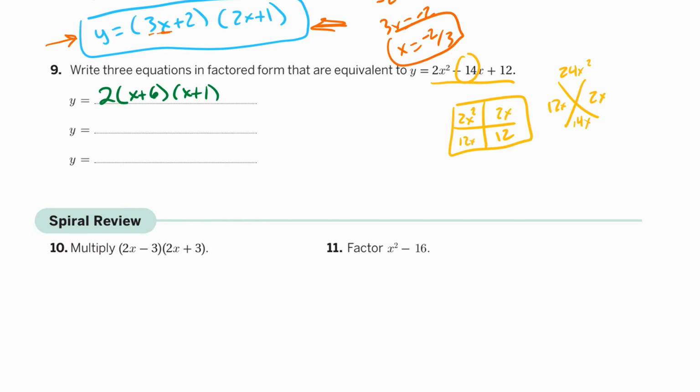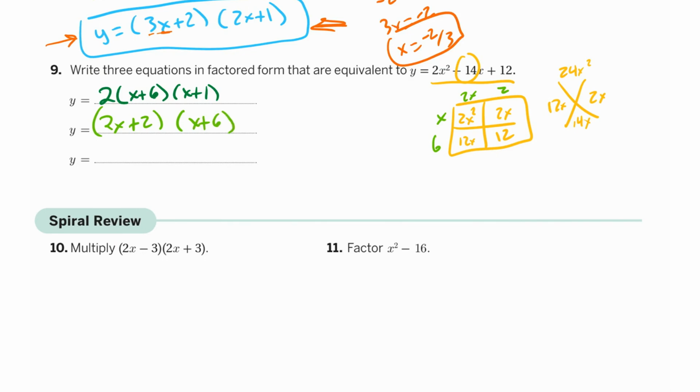And so once I've gotten to this point, here's where these other two answers come from. If I put the 2x here and the x here, then this now has to be 6. This here has to be 2. And so I get 2x plus 2 and x plus 6.